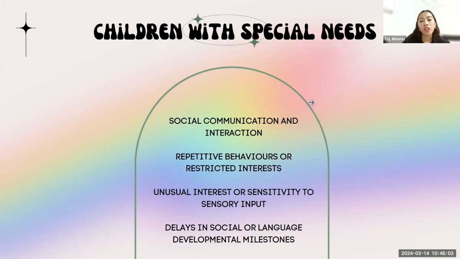So if you do have concerns about your child's communication, if you can see already some signs, and your student is actively exhibiting any of these flags, you should inform their parents using the sandwich method.